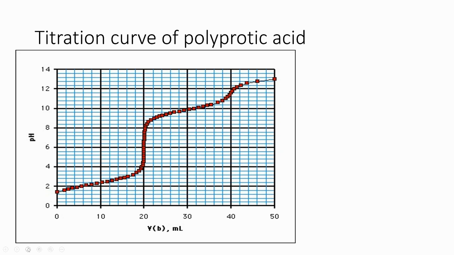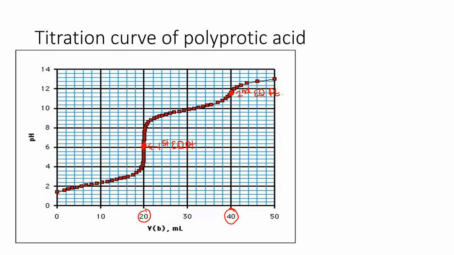And so what I'm going to highlight here, I think in red, is my equivalence point, the midpoint at 20 mils. And here's another equivalence point. This one's not as dramatic, 40 mils. So this would be the first equivalence point, second equivalence point.